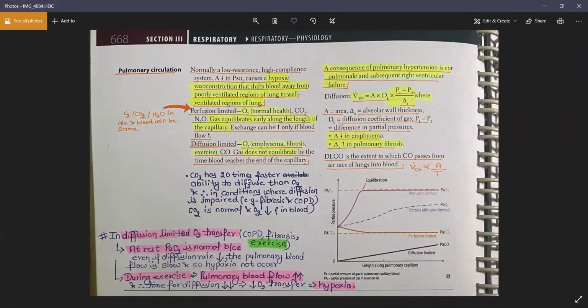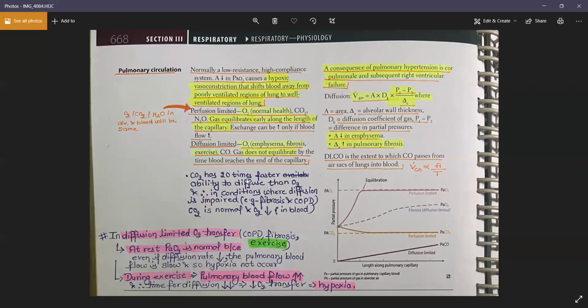And give us an example of hypoxia because O2 is perfusion limited. In case of pulmonary embolism, we have hypoxia because O2 is perfusion limited also?